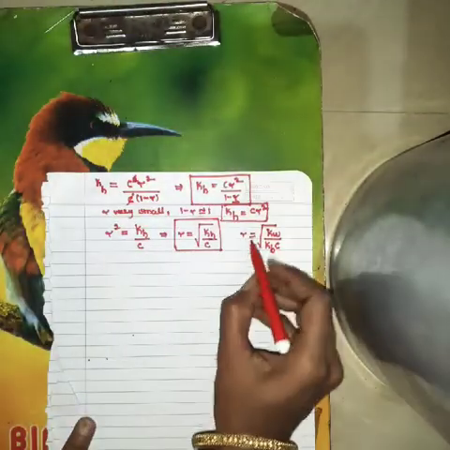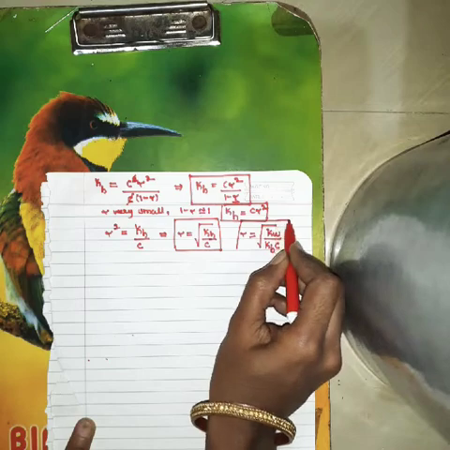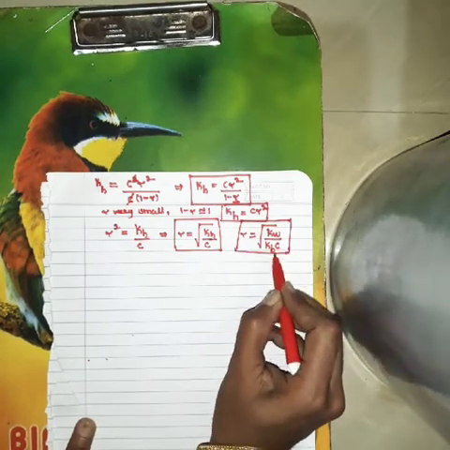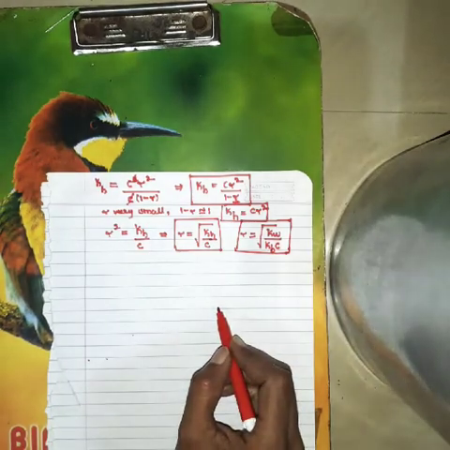This is the simplified form of the degree of hydrolysis of a strong acid and weak base salt.